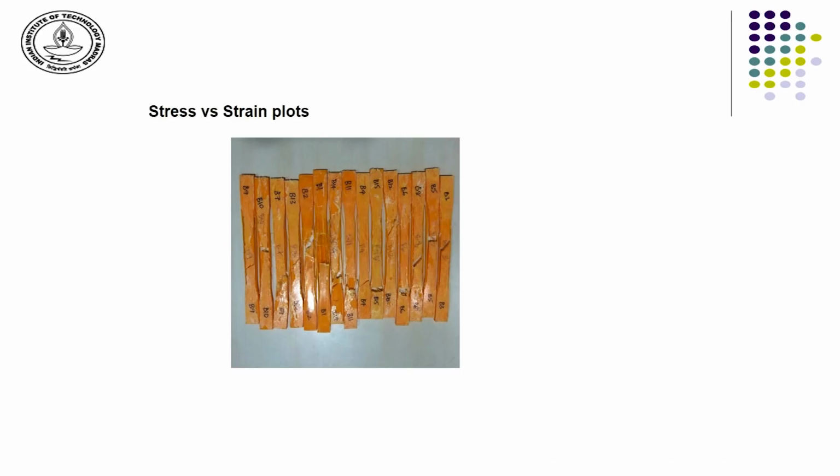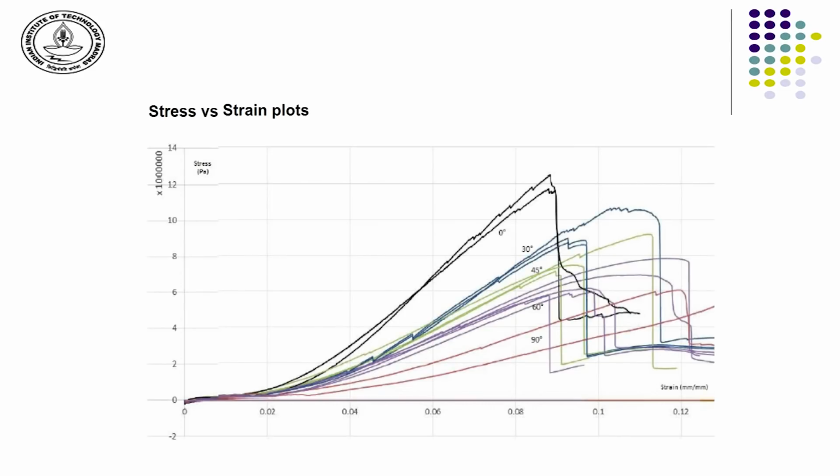These are example test coupons to understand the stress strain behavior. Once we have the stress strain relationship, this can be used inside the model to estimate or predict the model response.